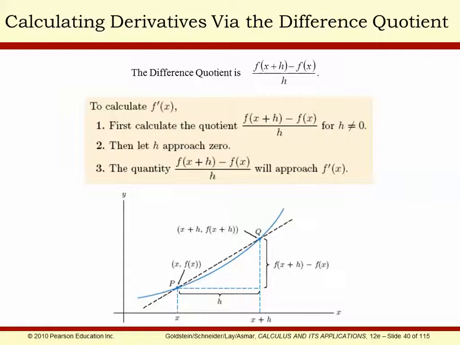This is where we get the power rule from. So on quizzes and tests, at least at the beginning, you will be asked to find a derivative using the difference quotient. It's to test the idea. Do you understand where the derivative is coming from, where these formulas come from?